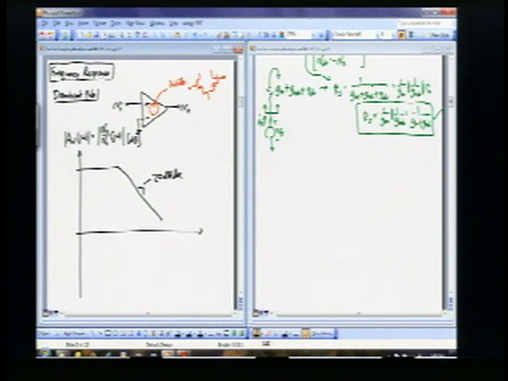Okay, so say I had a second pole right here. So this is the first pole right there. I can call that omega P1. That's my first pole. But say I had a second pole right here, omega P2. If that's the case, then this is going to start decreasing at a faster rate here, which is 40 dB per decade.